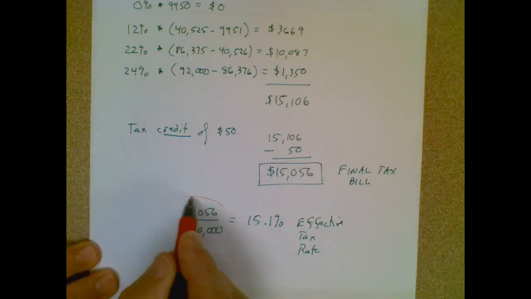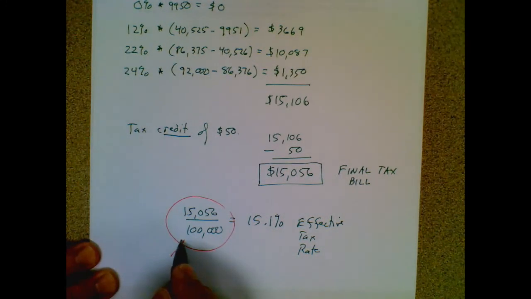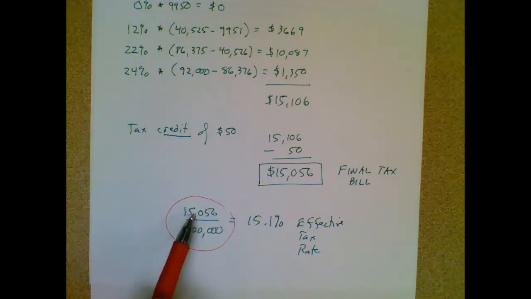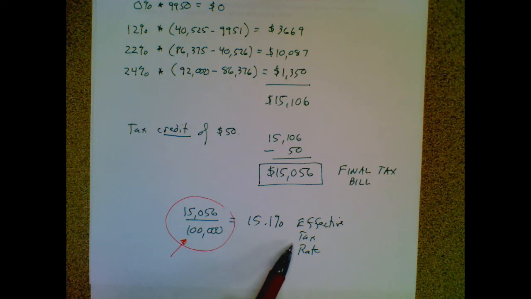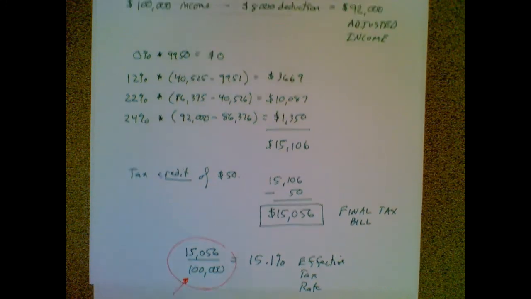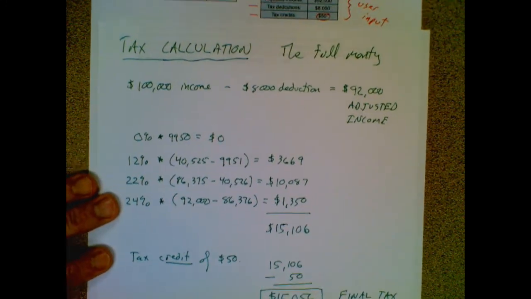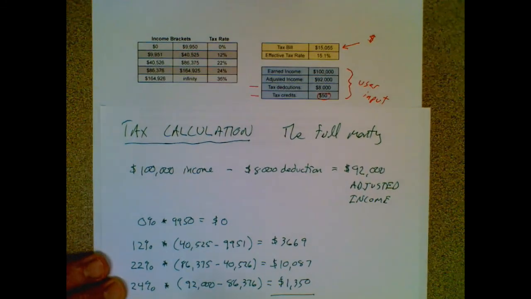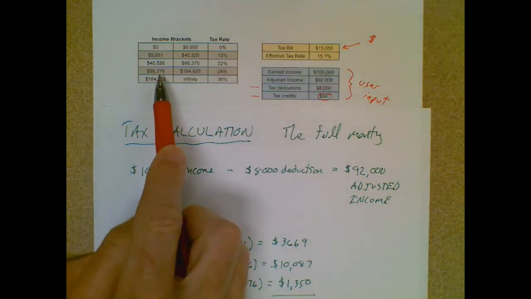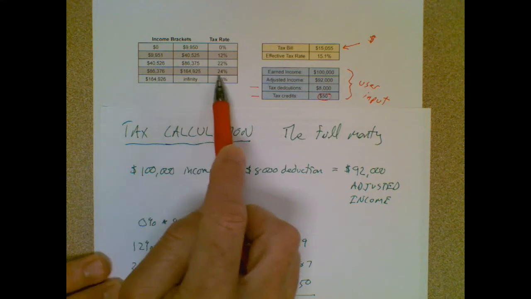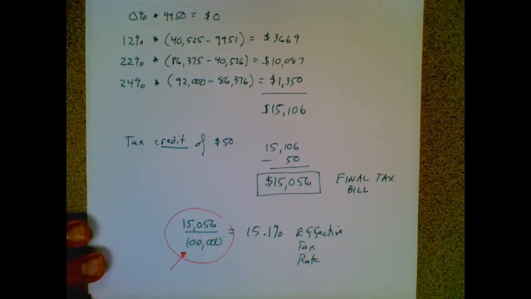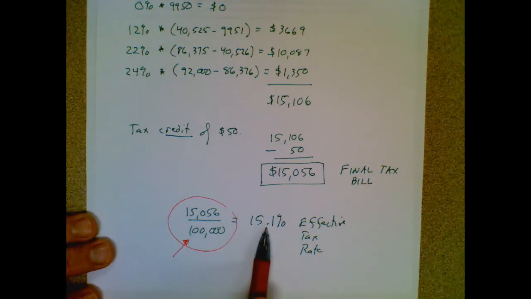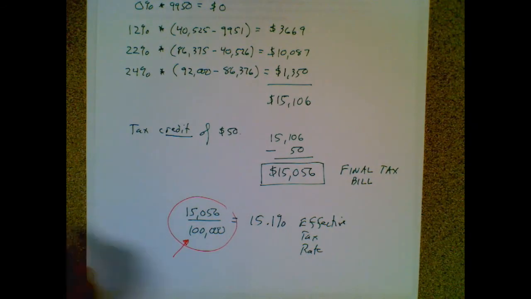Based on my entire income of $100,000, I can find out that I'm paying about a 15.1% effective tax rate. So the misconception people have is they say, okay, you earned $100,000, or even $92,000 after an adjustment, you must be paying 24% in taxes. That's not the way it works. In fact, I end up paying a 15.1% effective tax rate.